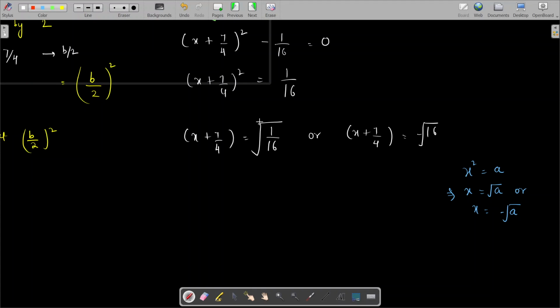So x plus 7 over 4 is equal to the square root of 1 over 16, which is 1 over 4, or x plus 7 over 4 is equal to negative 1 over 4.